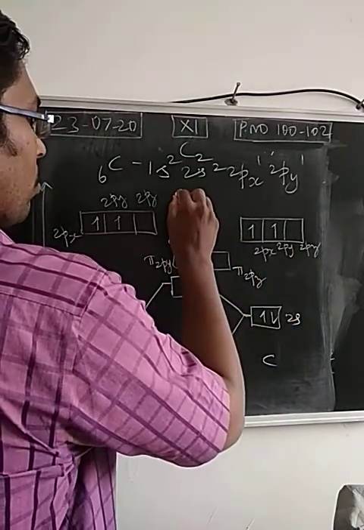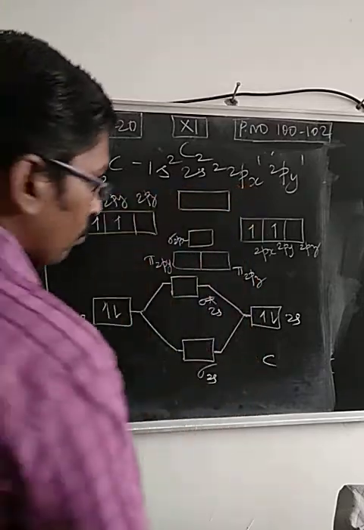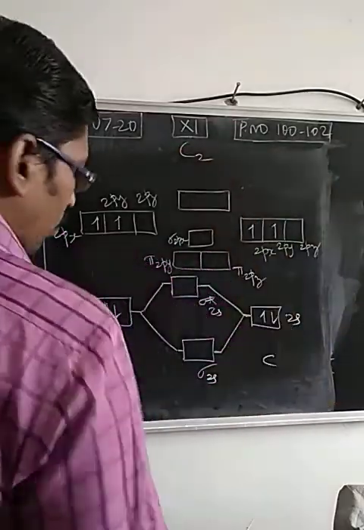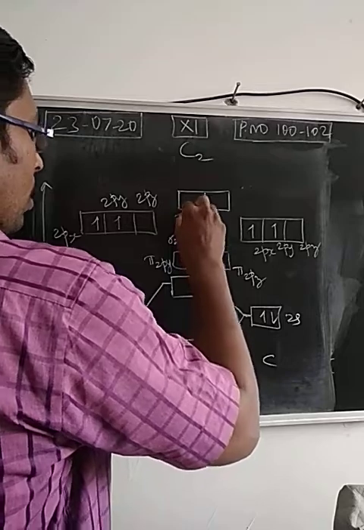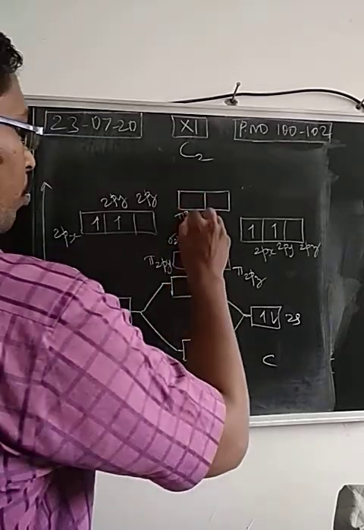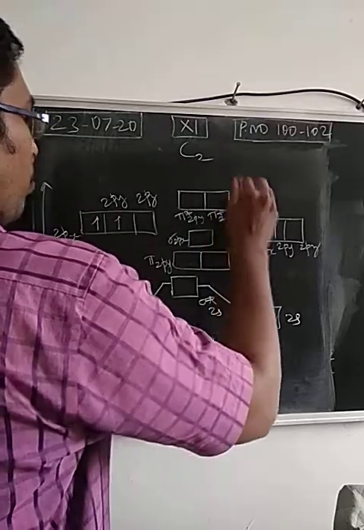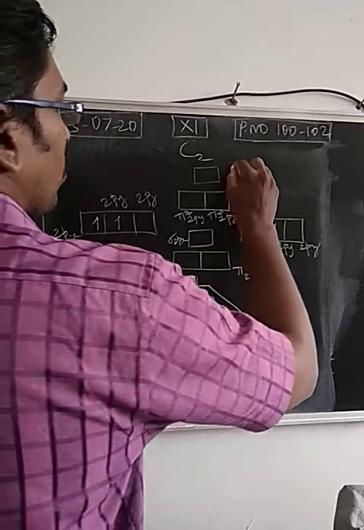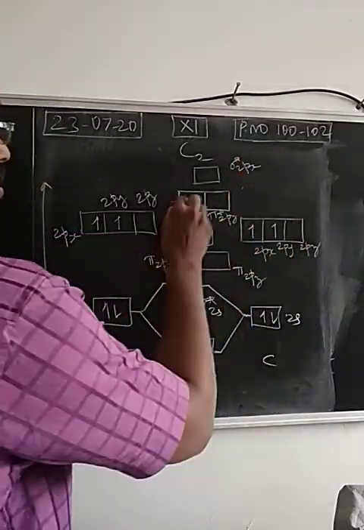The same way, this is the anti-bonding molecular orbital: pi star 2py, pi star 2pz, sigma star 2px.